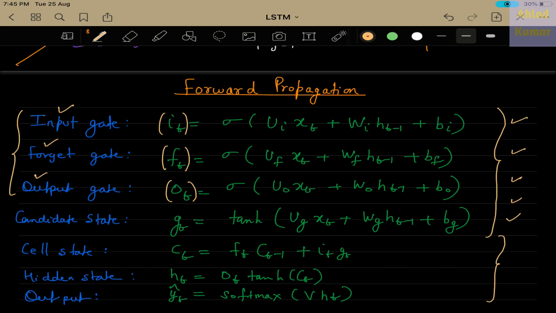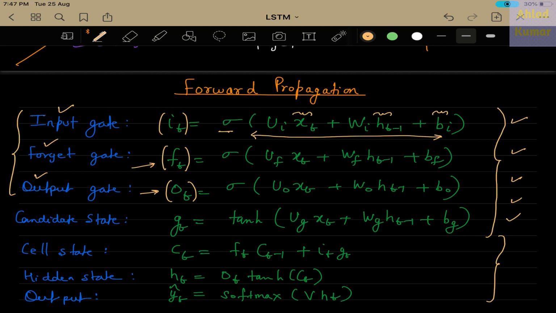So this I, F and O correspond to input, forget and output, and we know that IT is basically obtained by applying a nonlinearity sigma onto the three inputs, that is the input xt, the previous hidden layer input, and the bias corresponding to that particular layer. Similarly, the equations for the forget gate and output gate are discussed in detail in our earlier lecture. If you are confused in understanding these equations, I would request you to please visit my earlier lecture for this.